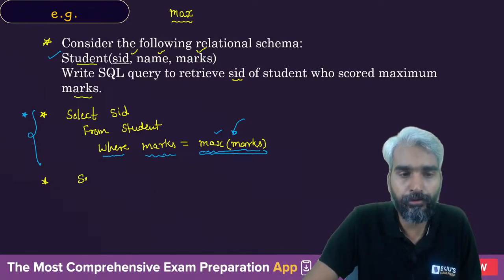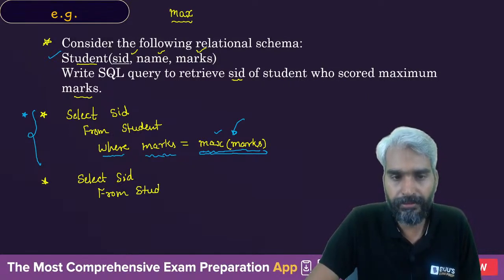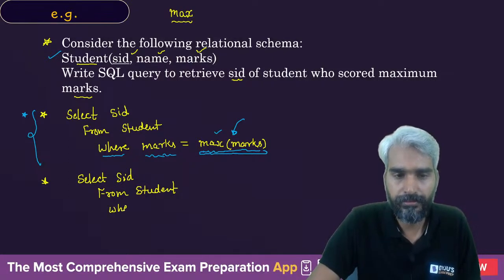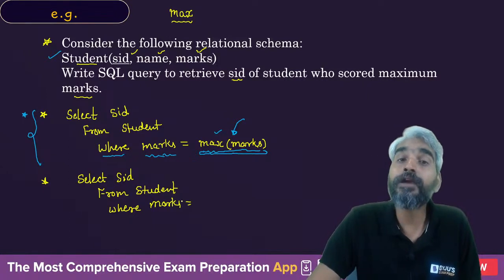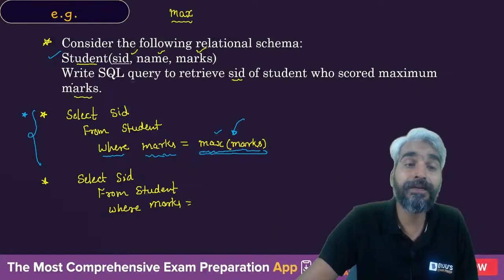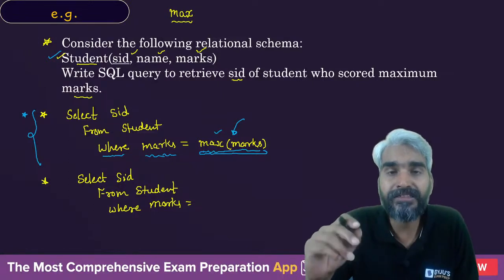Sir, you will have to write something like this. Select SID from the table student where marks are actually equal to the maximum of the marks in the student table.